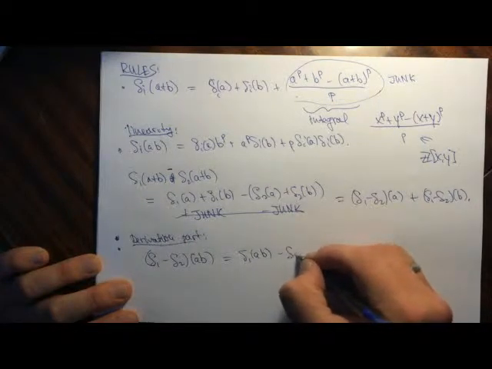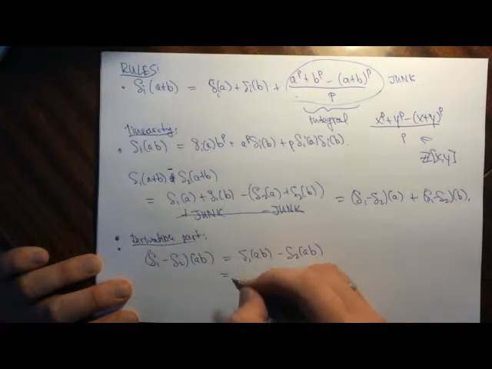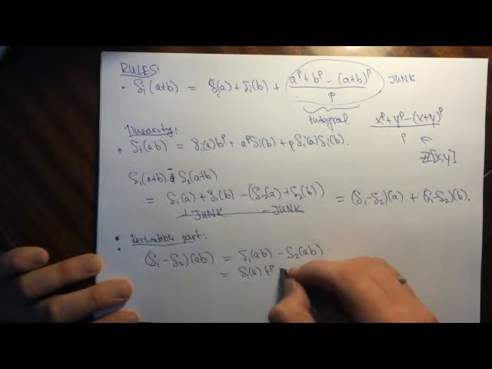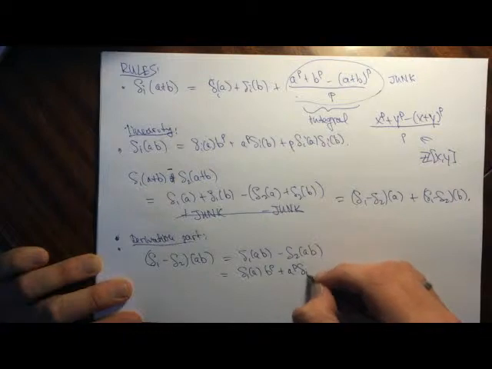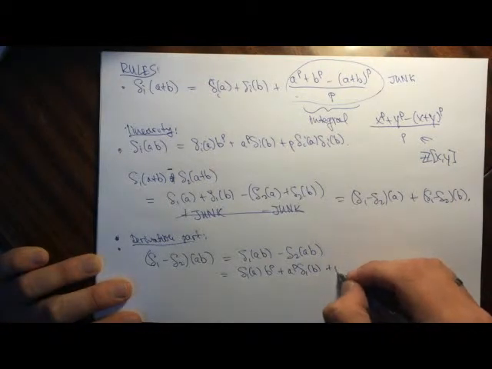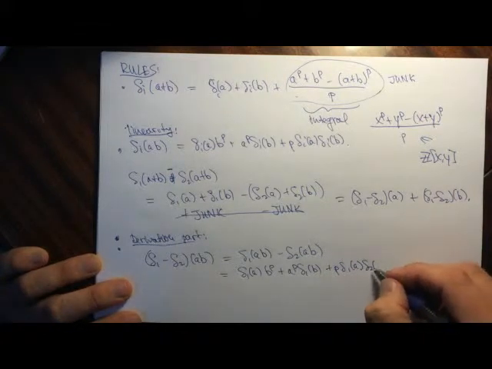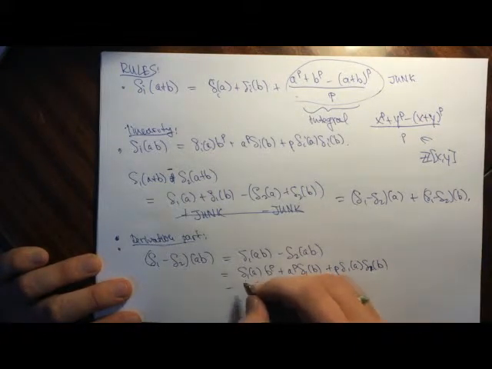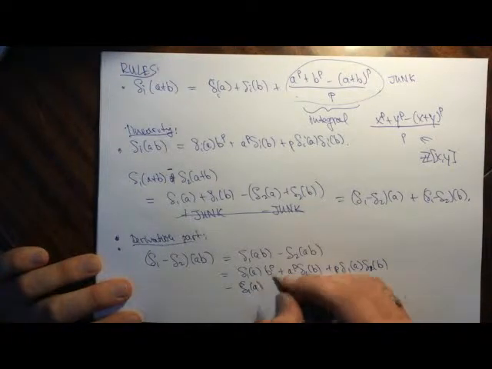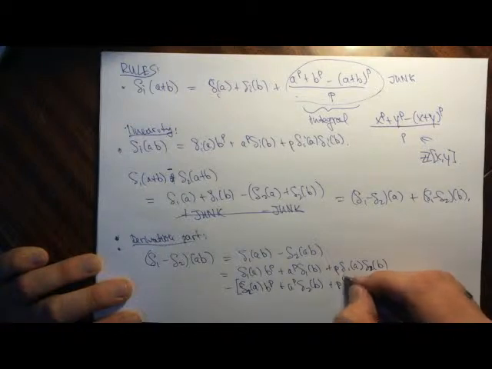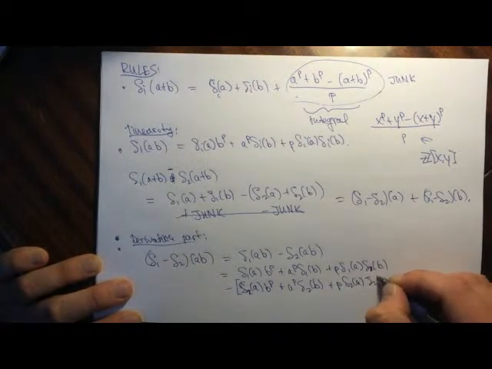We break it up using the rule, and then b^p, delta 1 of b minus delta 1 of a, delta 2, b^p. So we do the exact same thing with 2's everywhere, delta 2 of a, delta 2 of b.